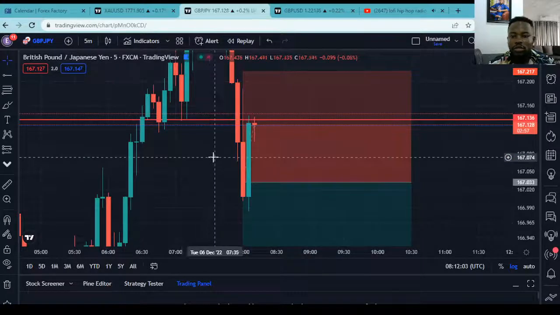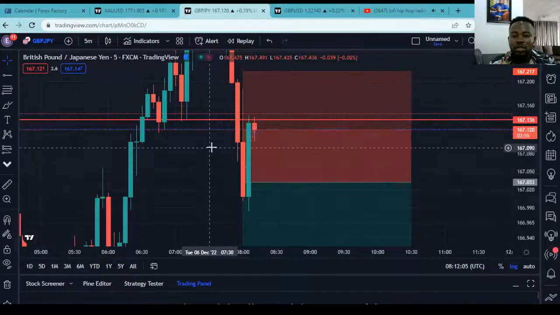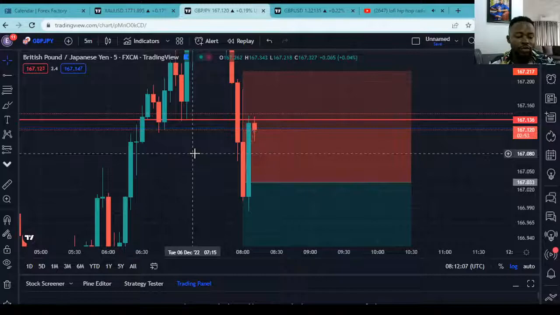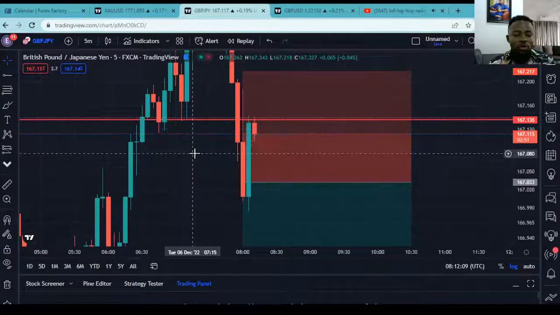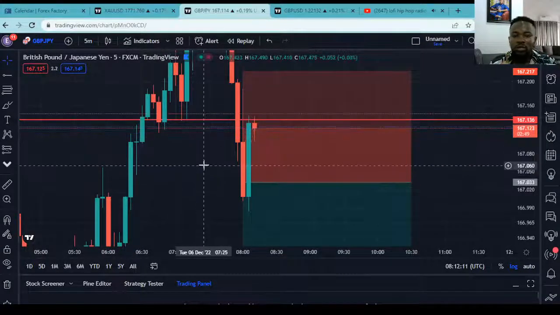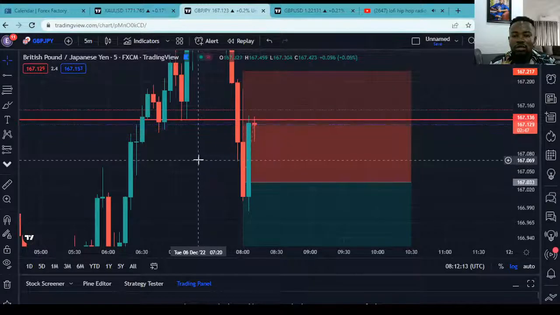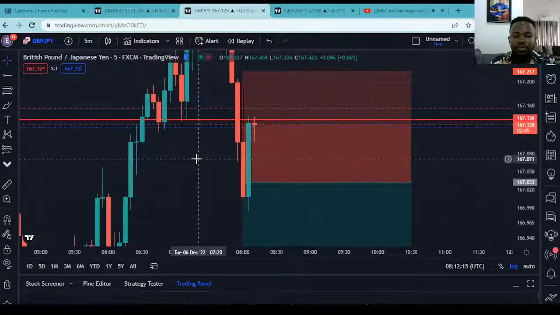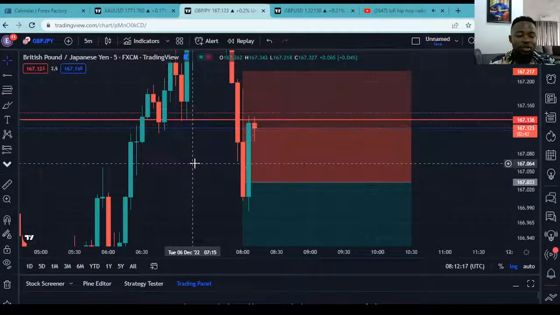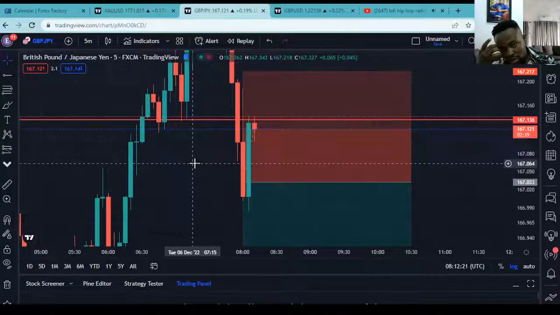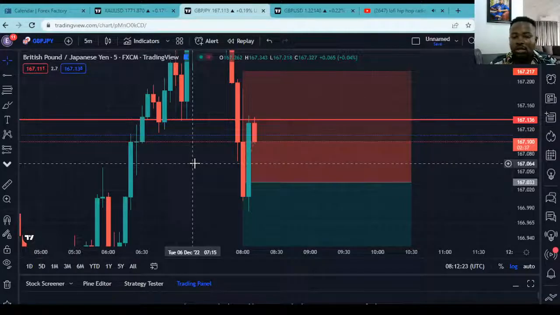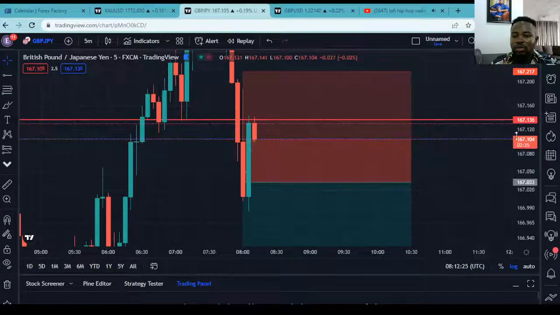Managing your risk, don't give your losses a chance. Don't assume it will reverse. Always look for a way to manage your risk. Once you do that, then you're good to go at that point. That means that your next win is going to actually cover up the losses that you had from the previous one, right?